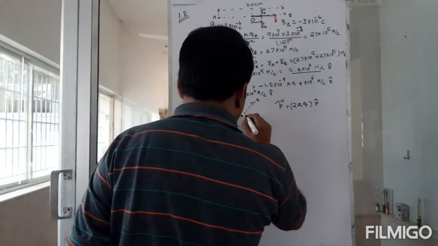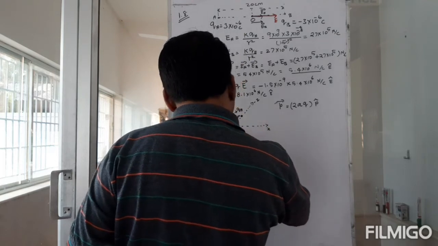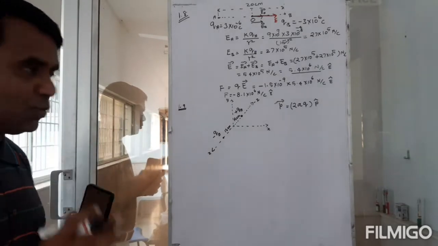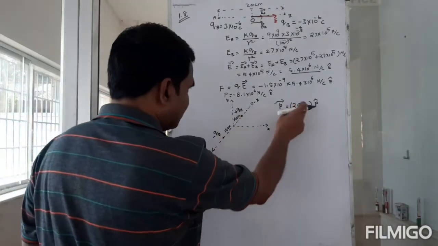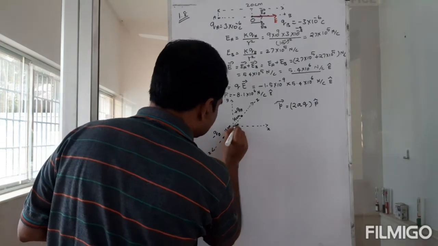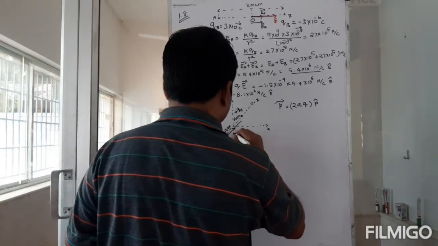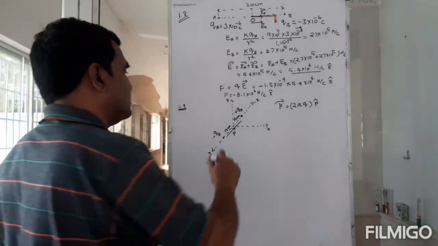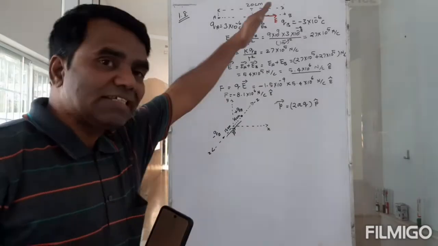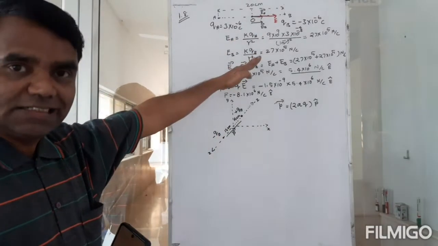QA is positive and QB is negative. So what is the direction of P? P goes from the negative charge to the positive charge. So this is the direction of P, which is actually the minus z direction. It's not the plus z direction.